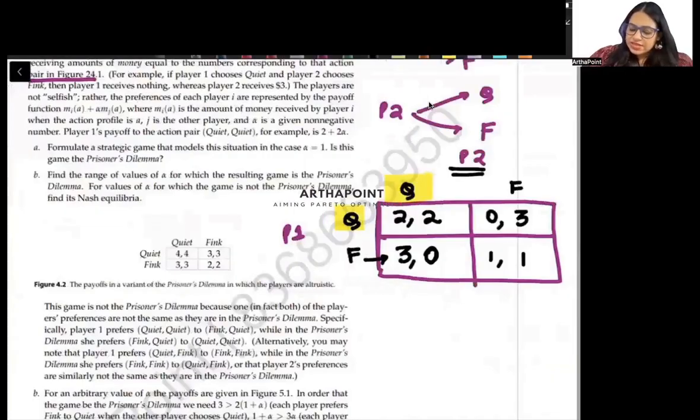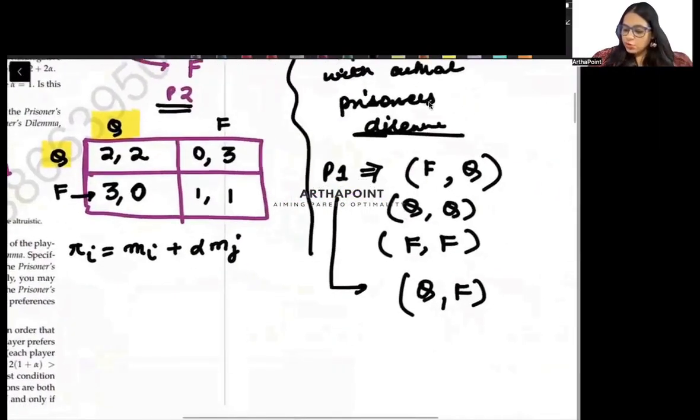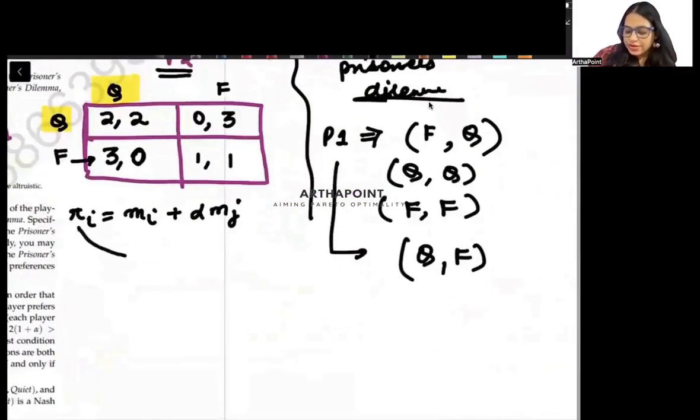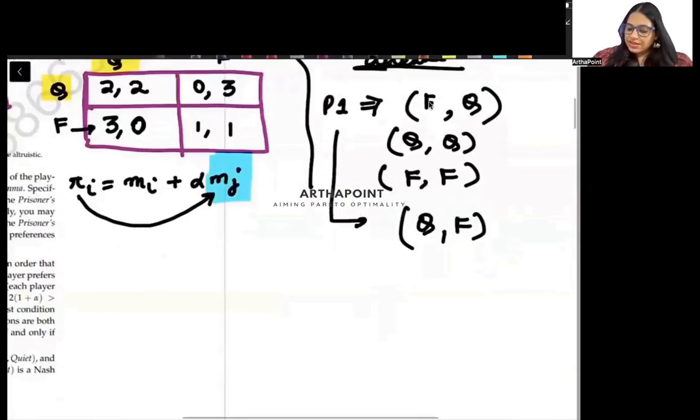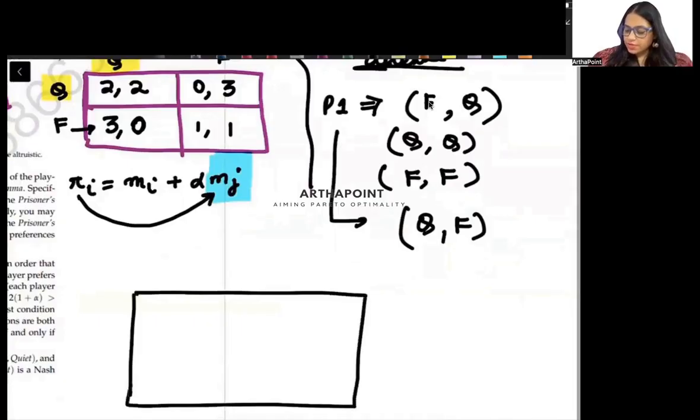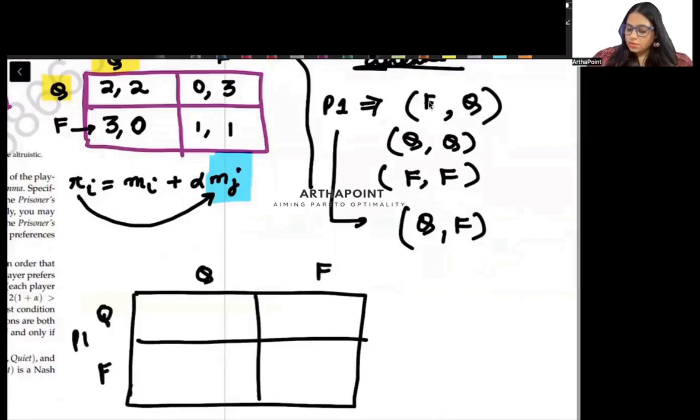Now how do we write the payoff? The payoff of player i becomes mi plus alpha mj, okay. Because I am affected by the payoff of the other player also, how much utility the other gets from the action. So now if I were to recreate this matrix: quiet, think, player 1, player 2.